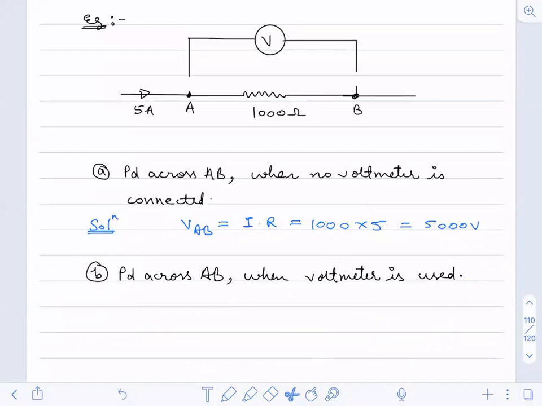Okay. Now the potential difference across AB is 5000.